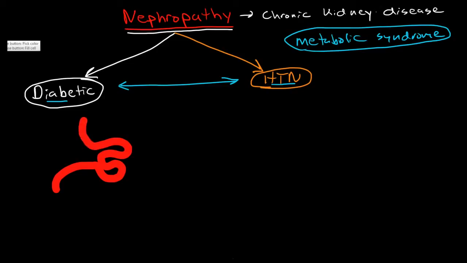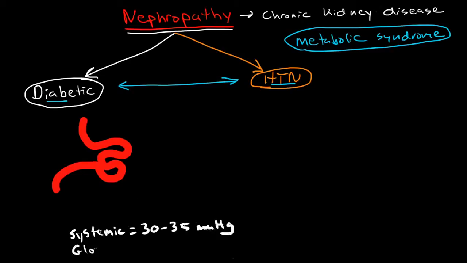Now, normally in the body, blood pressure in the capillaries is quite low. Normal systemic capillary pressure is 30 to 35 millimeters of mercury. However, in the glomerulus, these pressures are 60 millimeters of mercury or more.